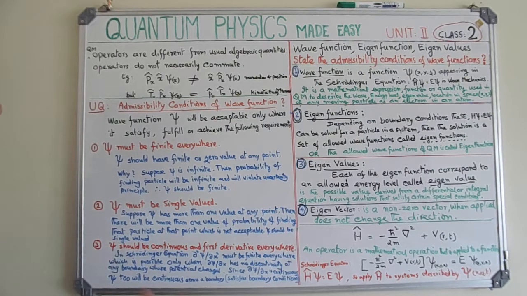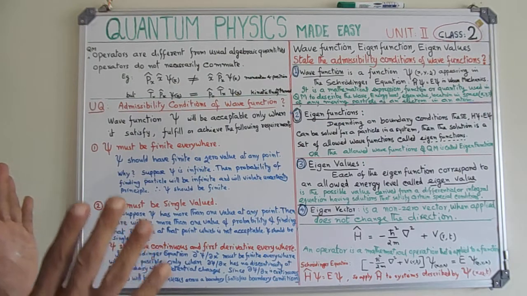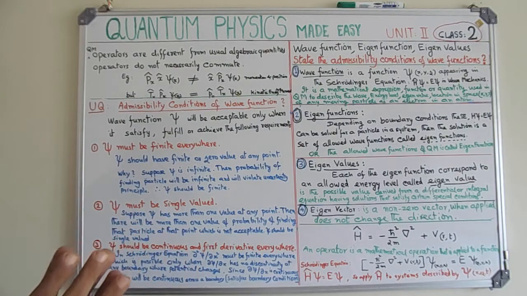Second point is, psi must be single valued. Only one value for that. What's the meaning? If it is not single valued, what happens?